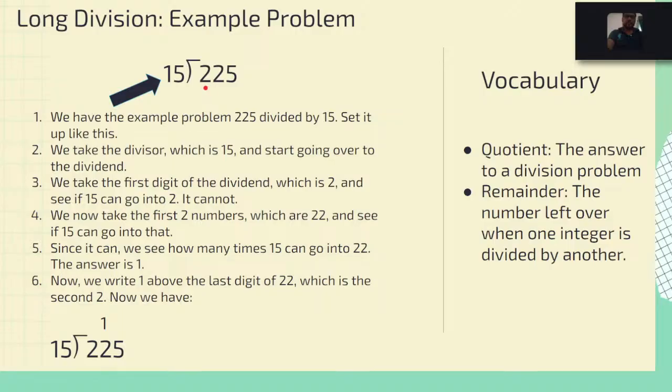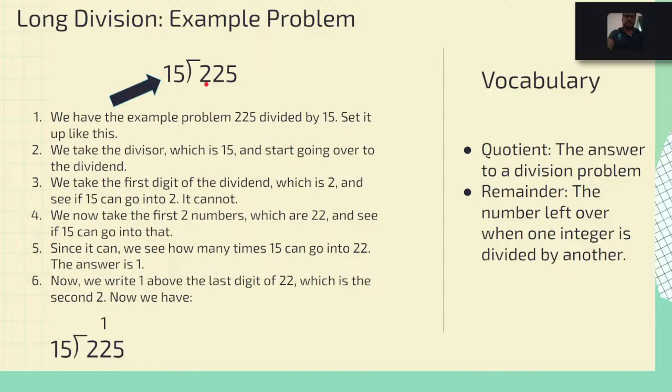We take the first digit of the dividend, which is 2, and see if 15 can go into 2. Since 15 is bigger than 2, it cannot. We now take the first two numbers of the dividend, which is 22. 22 is bigger than 15, so 15 can go into 22.